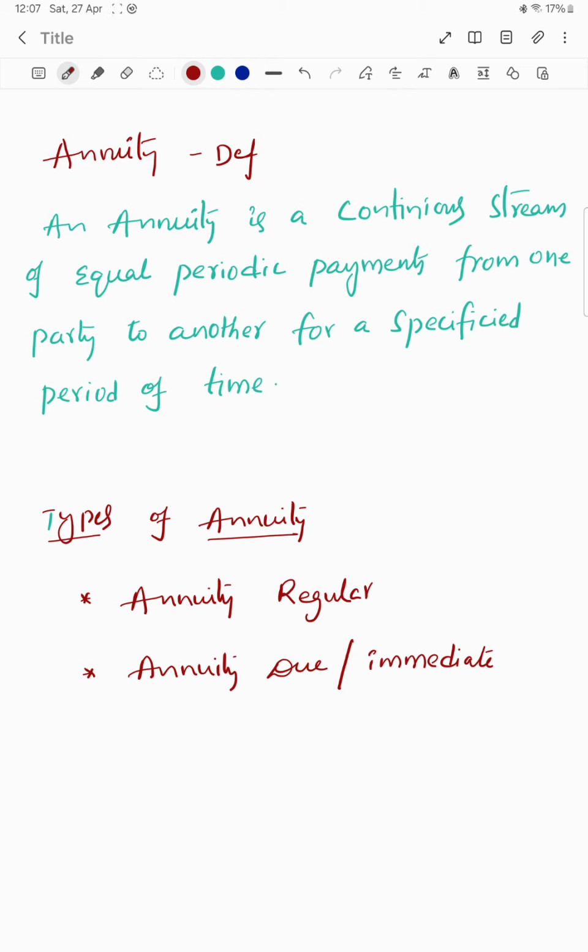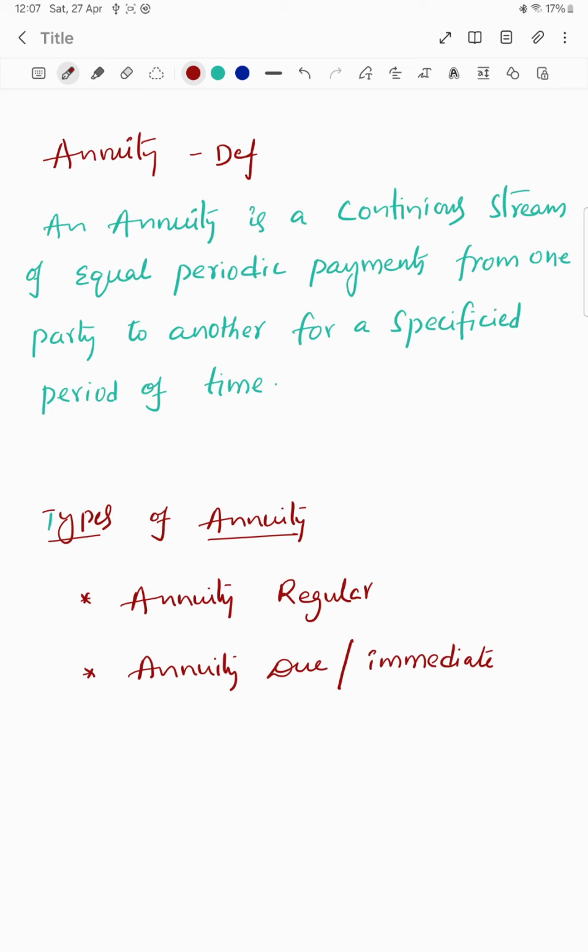As we discussed in the classroom, the concept of annuity is generally used while calculating interest or the total amount when we borrow from somebody, or when a customer is borrowing some money from a bank, where they need to pay the final amount to the bank or the lender for a particular duration of time with a particular rate of interest.